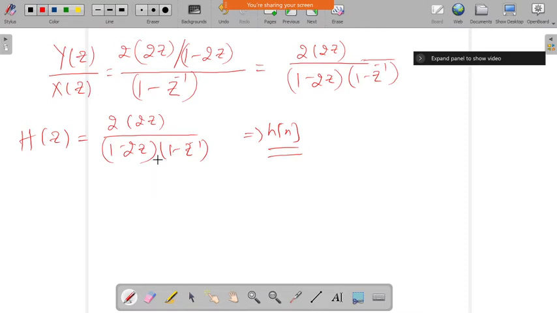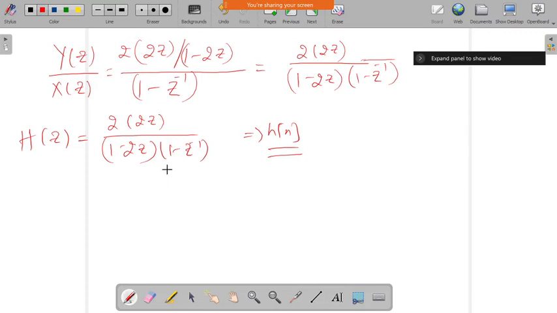So now, using the partial fraction method, how to find out A and B. You have to convert it either to z inverse or to z power minus 1.